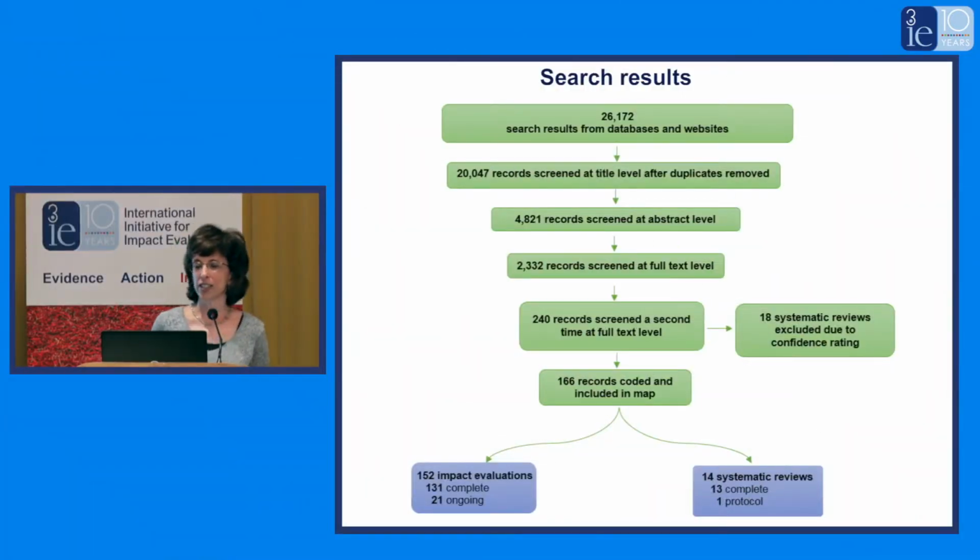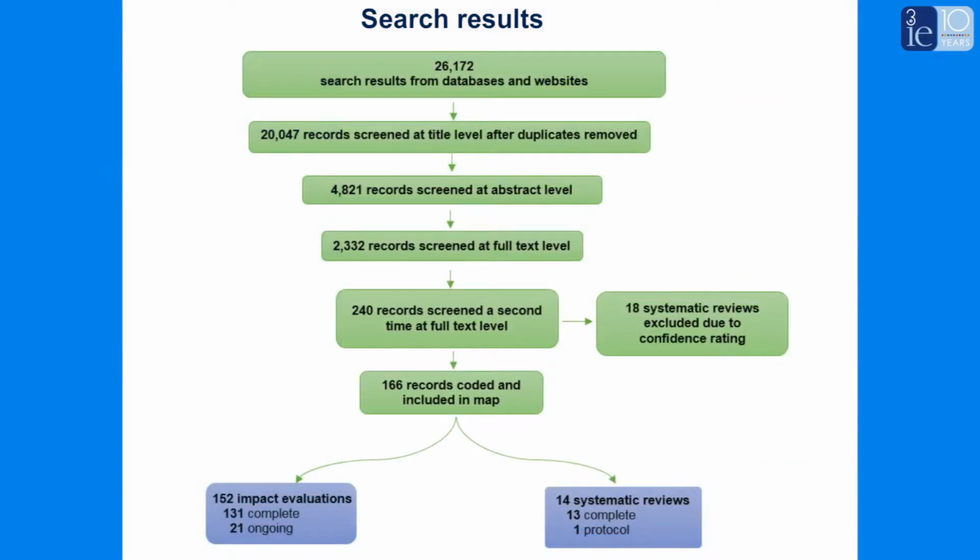And this is just an example to give you a visual of exactly what the research process looks like. I mean, if you see 26,172 search results is what was started with. And then I'm not going to go through each level, but what they ended up with were 152 impact evaluations and 14 systematic reviews.